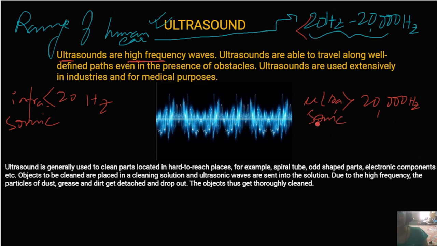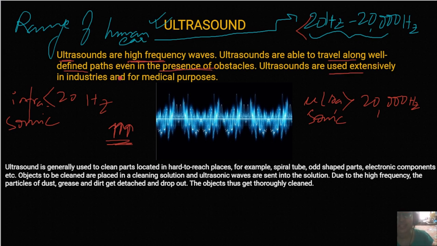So a question might arise in your minds that if we cannot hear the ultrasonic waves, then what is the use of it, right? So the use of it is basically not for us being able to hear it, but the fact that they are very high frequency waves means that they cause an immense amount of vibrations. So ultrasounds are able to travel along well-defined paths even in the presence of obstacles.